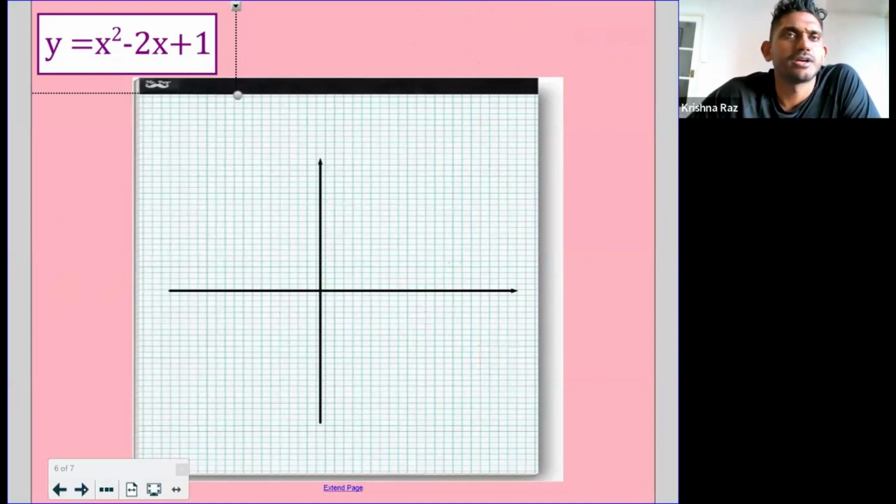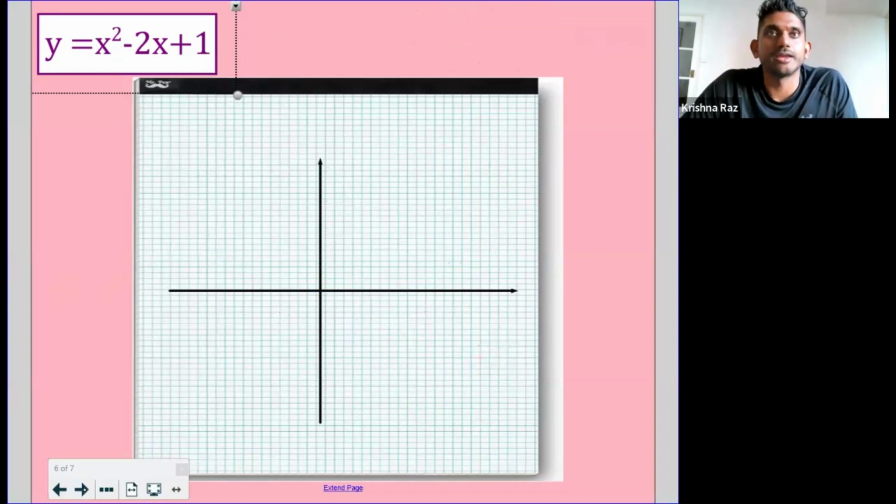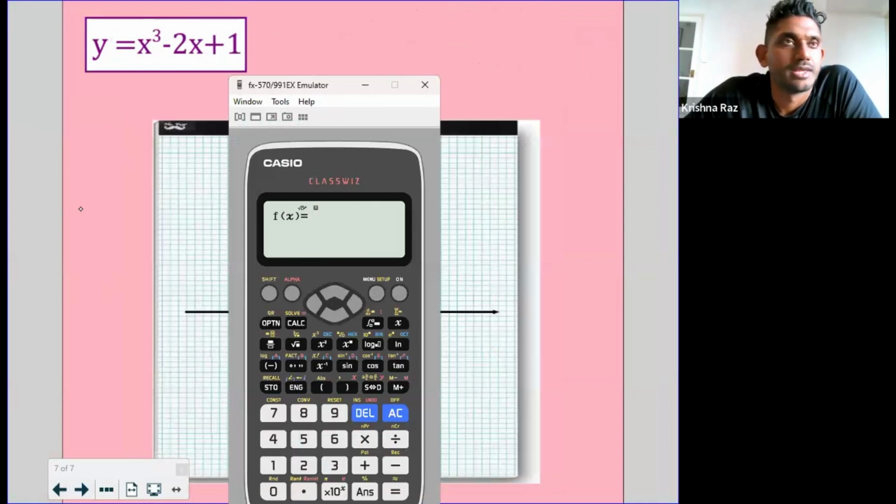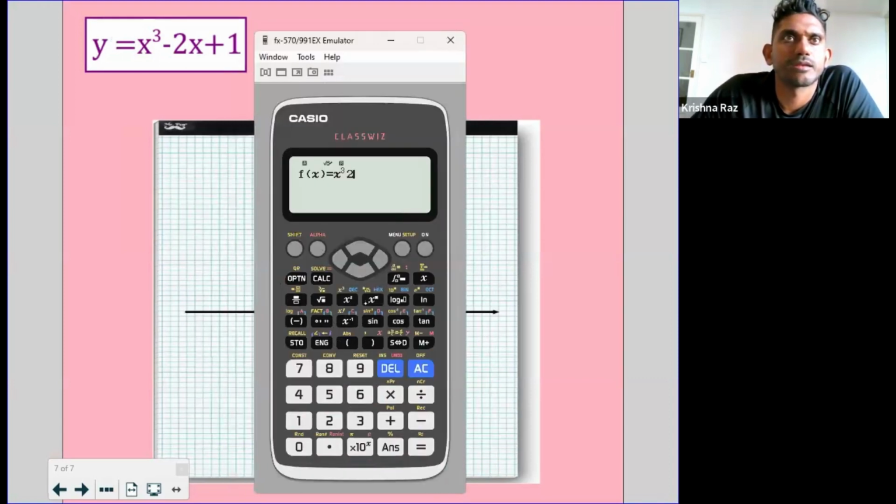I've changed the equation slightly, so I'll need to reset this. This time I've got x cubed minus 2x plus 1. Same principles, alpha to get the x button. This time we're cubing it. Minus 2x plus 1.